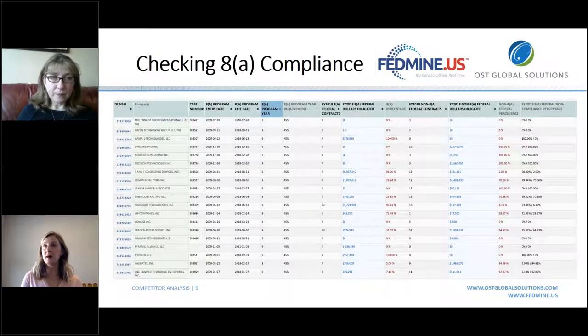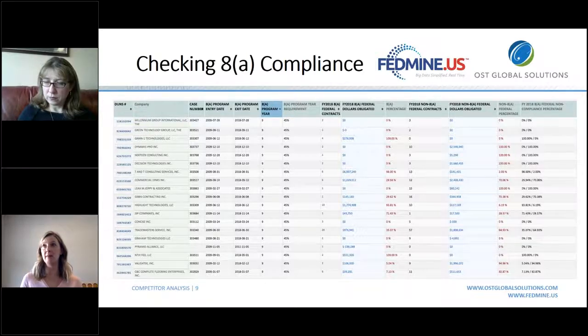Yeah, thanks, Alessia. So this is an example. It's an 8A compliance matrix, and I actually pulled it for a particular district office, the Washington district office, and sorted it by 8A program year. So what you see here is all of the 8As in the Washington district office who are in their 9th year. And the 45% is the percentage of 8A contracts that they can have in their portfolio in their 9th year.